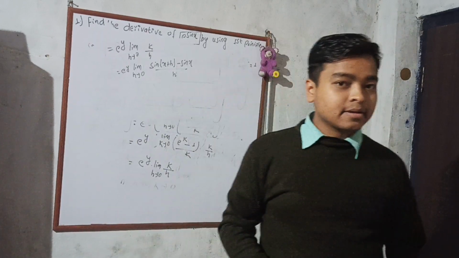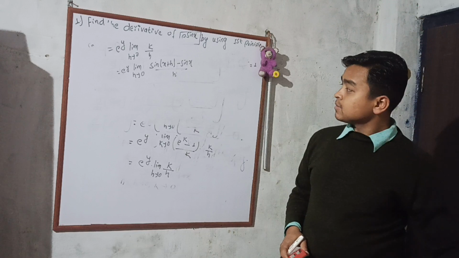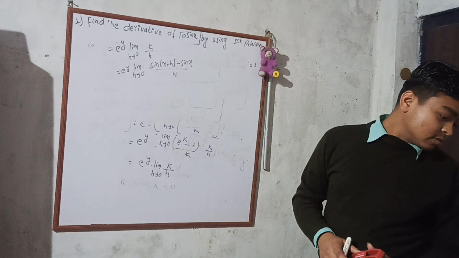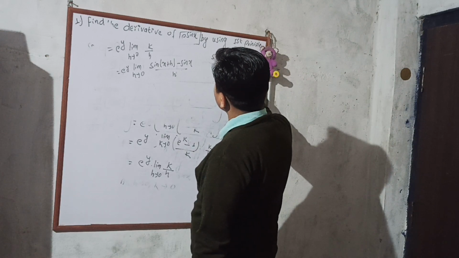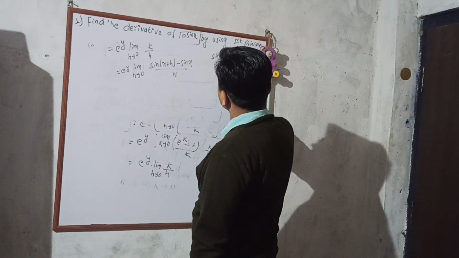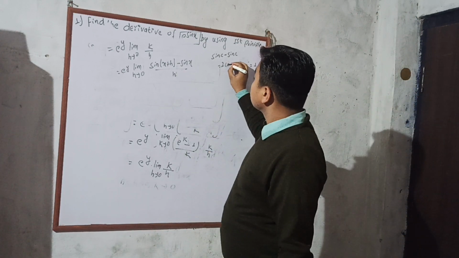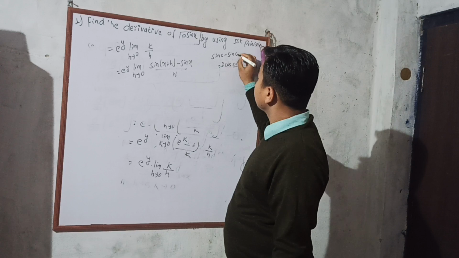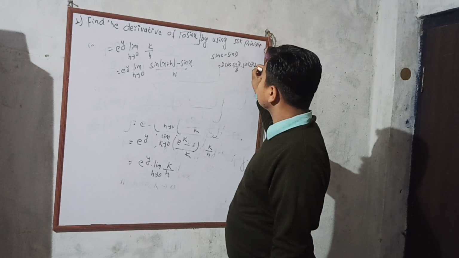Now, sin c minus sin d is equal to 2 cos of (c plus d) by 2 into sin of (c minus d) by 2. You know this formula very well.